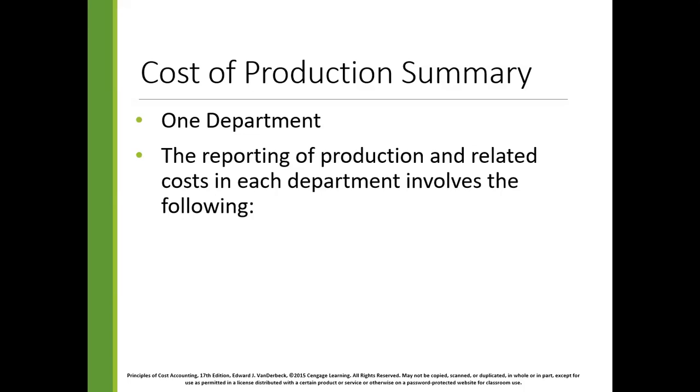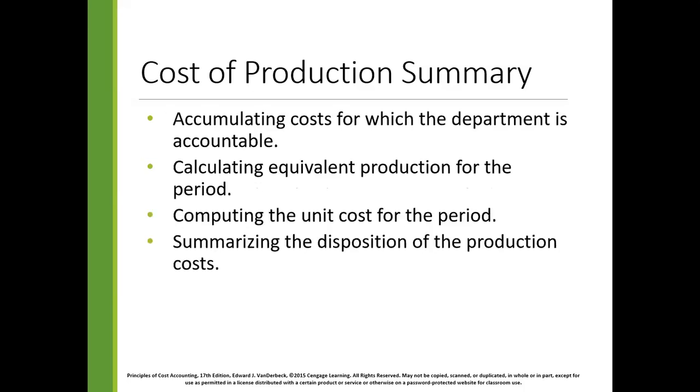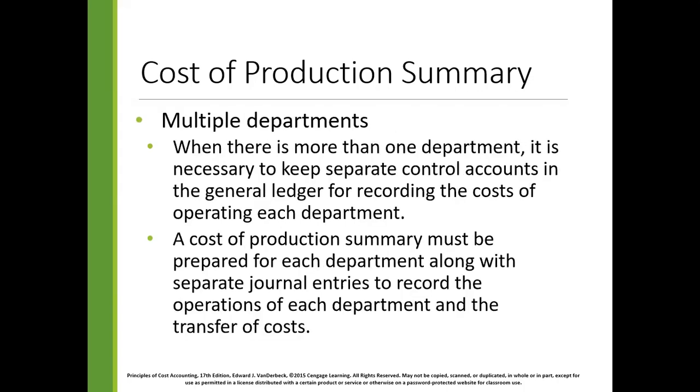So we have now the cost production summary in one department. The reporting of production and related costs in each department involves the following: accumulating costs for which the department is accountable, calculating equivalent production for the period, computing the unit cost for the period, and summarizing the disposition of the production cost.